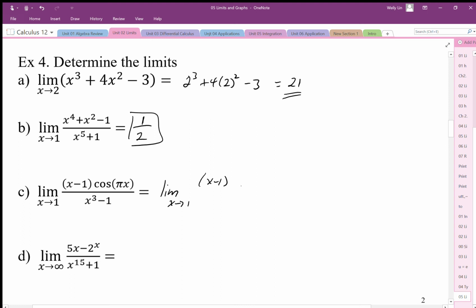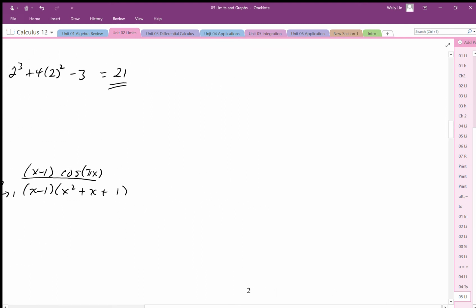Okay, now, if you don't know the formula, that's okay. You can always break it down, but it is good to know the formula. And I'll show you what the formula looks like. It's going to be x minus 1 times x squared plus x, 1 times x, so just x, plus 1 squared, which is 1. Okay, so I'm just going to do this off to the side here.